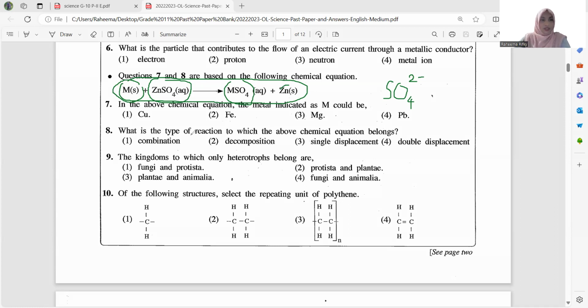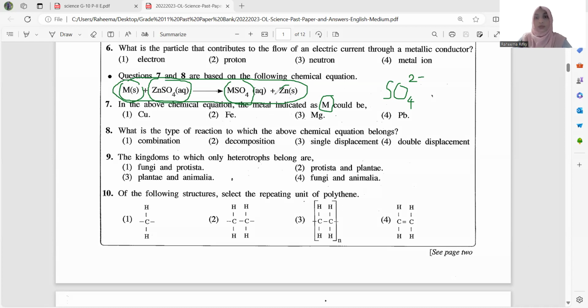So let's go to the 7th. In the above chemical equation, the metal indicated as M could be... Now you can see zinc has been displaced. Zinc has been displaced, so you know about the activity series, right? To displace the zinc, M definitely should be a metal, because it is joining to the sulfate group.